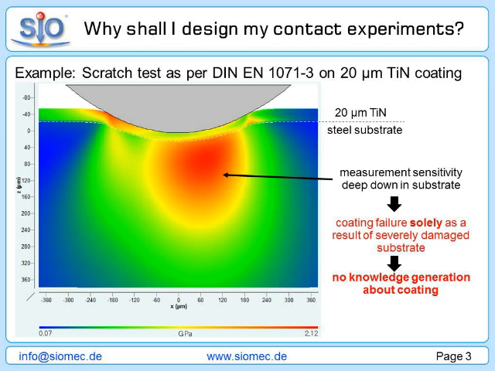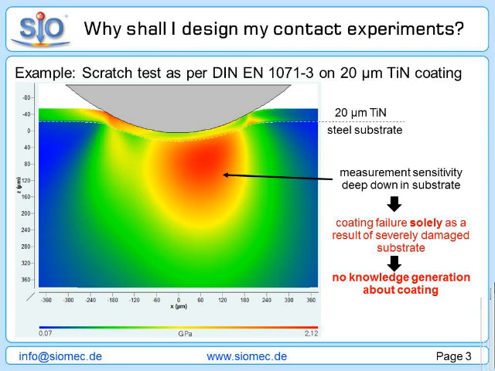And solely due to this damage of the substrate, the coating eventually fails. So in the end, you gain no knowledge at all about the coating you have been interested in or the adhesion of the coating on the substrate.